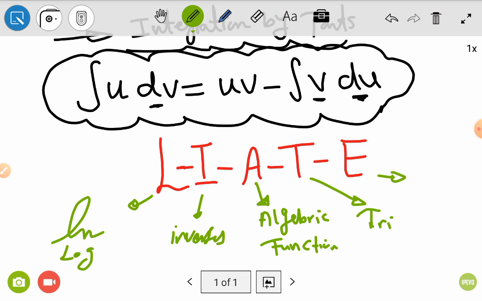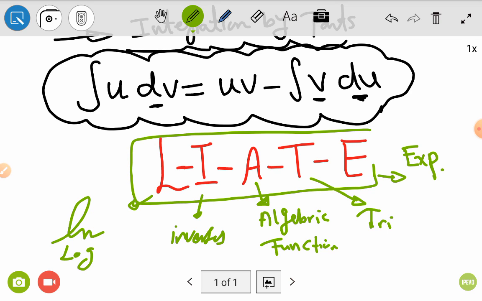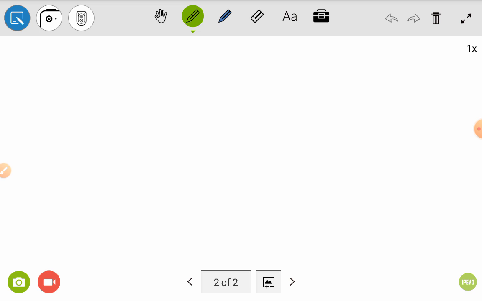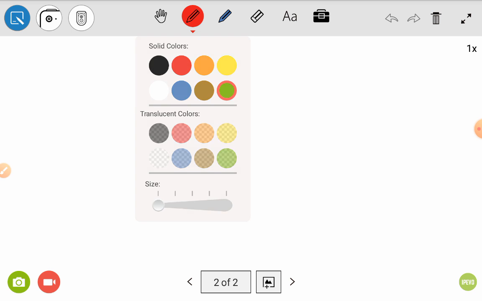E stands for exponential functions like e to the power of something, and 2 to the power of x, and all exponential functions. You know it. So the guideline for choosing u is following the word LIATE.